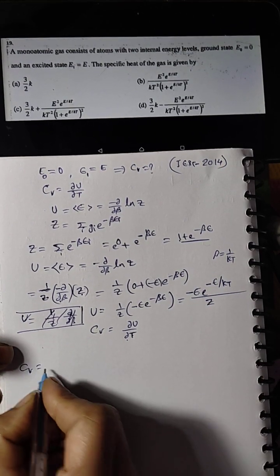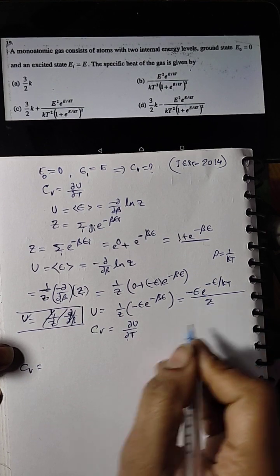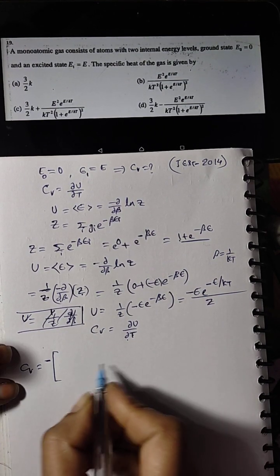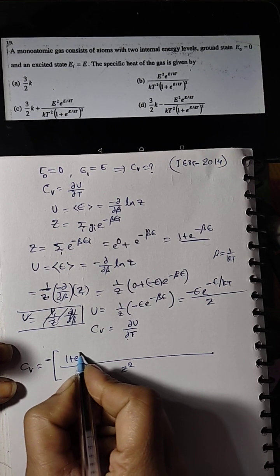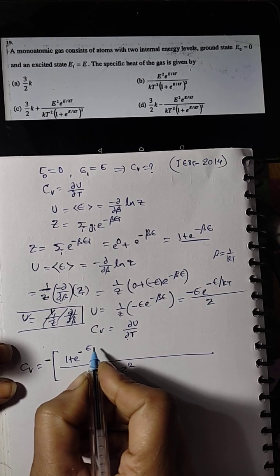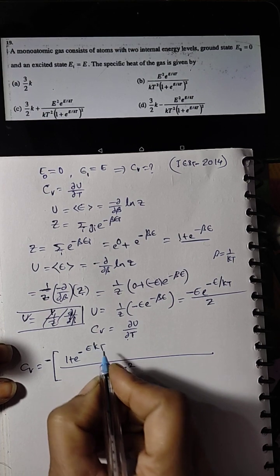So Cv is equal to, using the quotient formula, 1 by Z square. Z value is 1 plus e power minus E by kT.